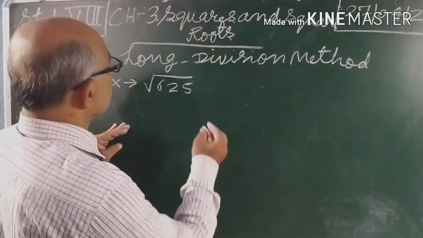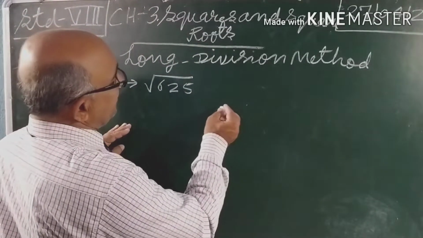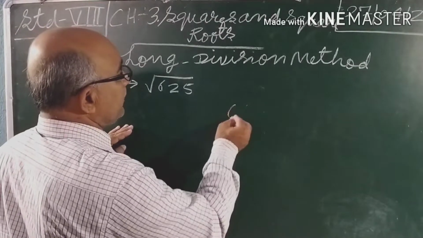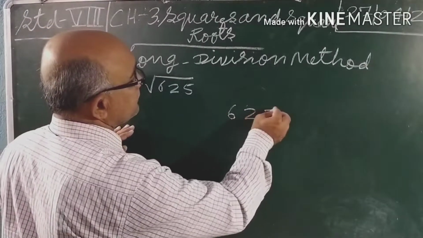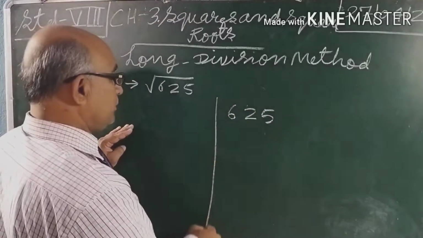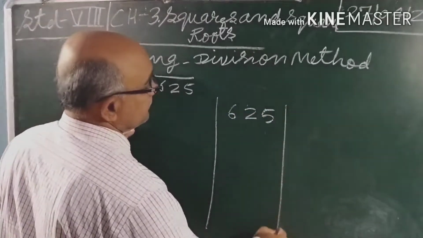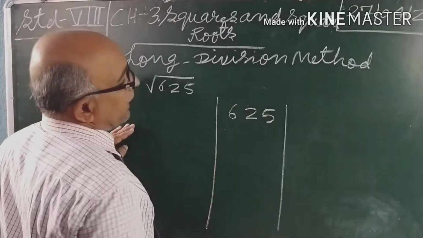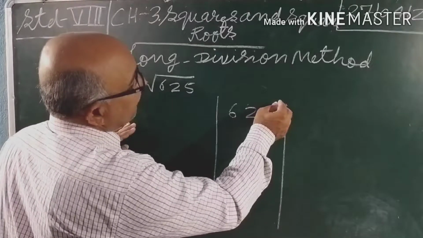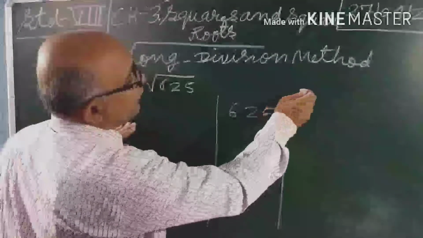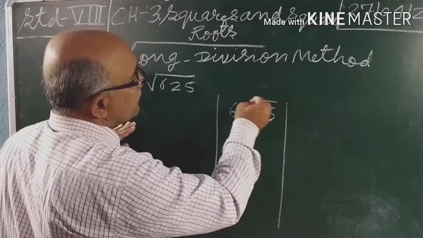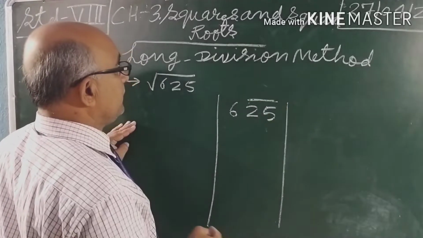First of all, write the number between two vertical lines. Next, make pairs from the right side: 25.